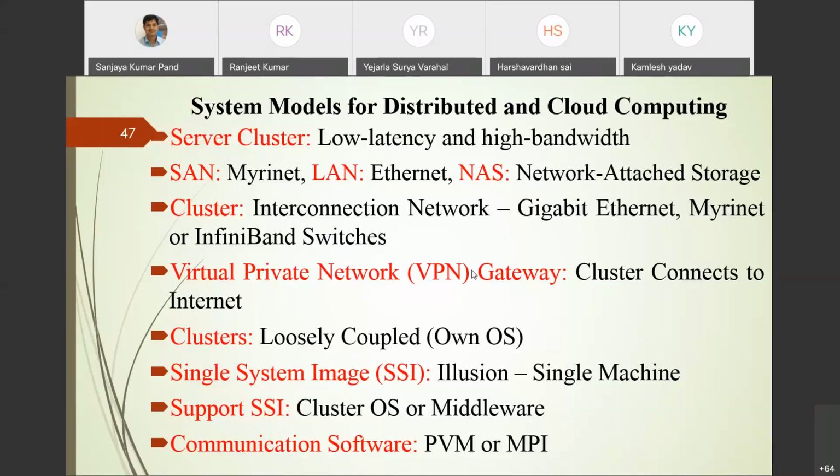In a cluster, you can use Ethernet or Myrinet or InfiniBand switches to communicate from one server to another server. If one is overloaded, it will share its data with another server. Security policy will be enforced in this case. Don't think that if a server is sharing its resources, another server will compromise it. Security policies are there.